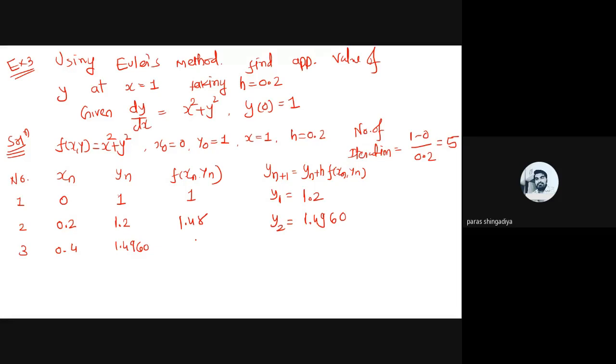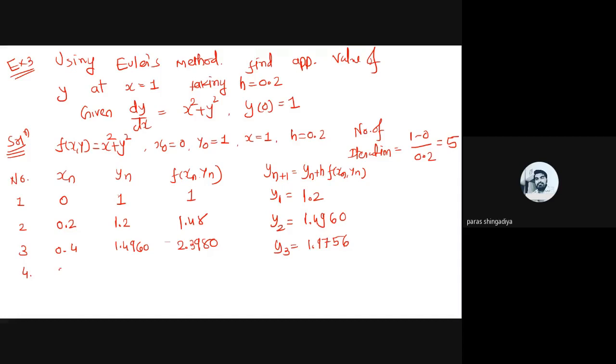Now check the function value: 0.4 square plus 1.4960 square, x square plus y square, so it is 2.3980. Correct. And y3 will be 1.4960 plus 0.2 of the function value 2.3980. It is 1.9756. Good, that is y3.